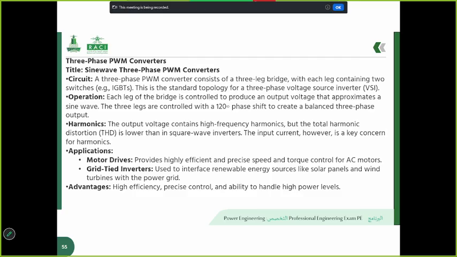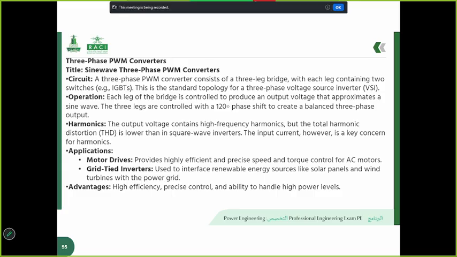The firing pulses for each leg are shifted by 120 degrees to create the required three-phase output. The main advantage of this topology is its ability to provide highly efficient and precise control. The output voltage can be varied by changing the modulation index, and the frequency can be adjusted by changing the frequency of the carrier signal. A key consideration for these converters is their harmonic content.